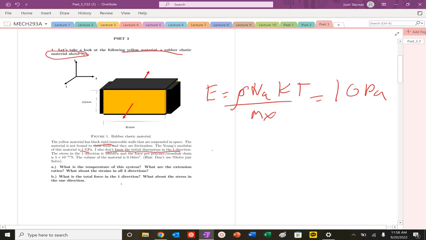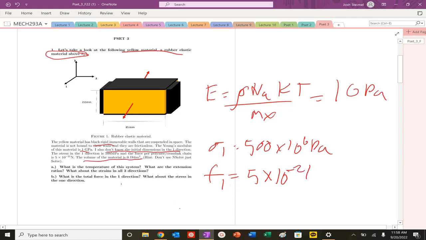I don't know the initial dimension in the one direction, but the stress in the one direction is going to be 500 megapascals, and the force per polymer crosslink chain is going to be 5 times 10 to the minus 21 newtons. So sigma 1 is 500 times 10 to the 6th. F sub 1 is the force per polymer, and that is a very critical distinction.